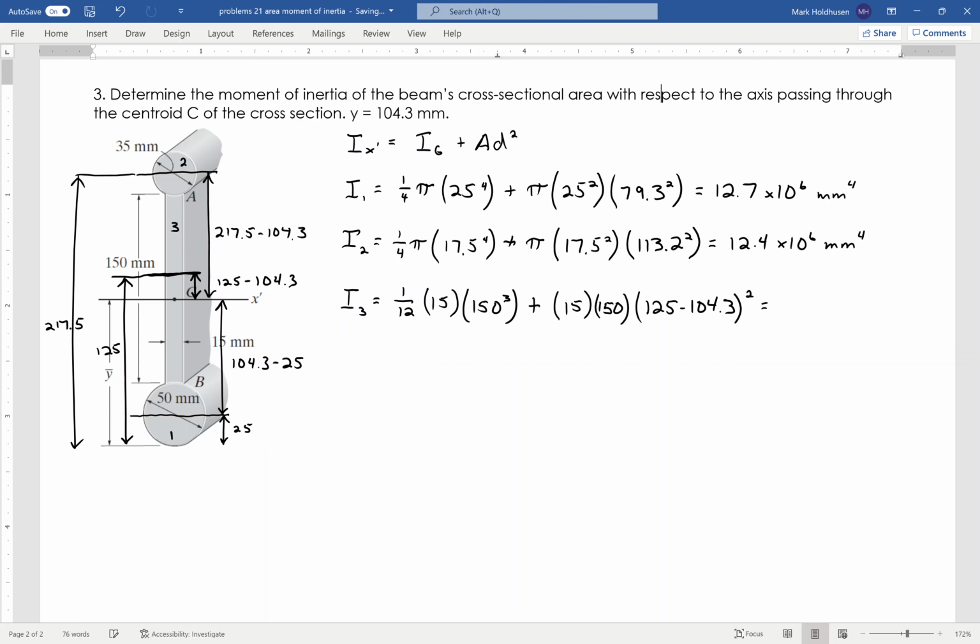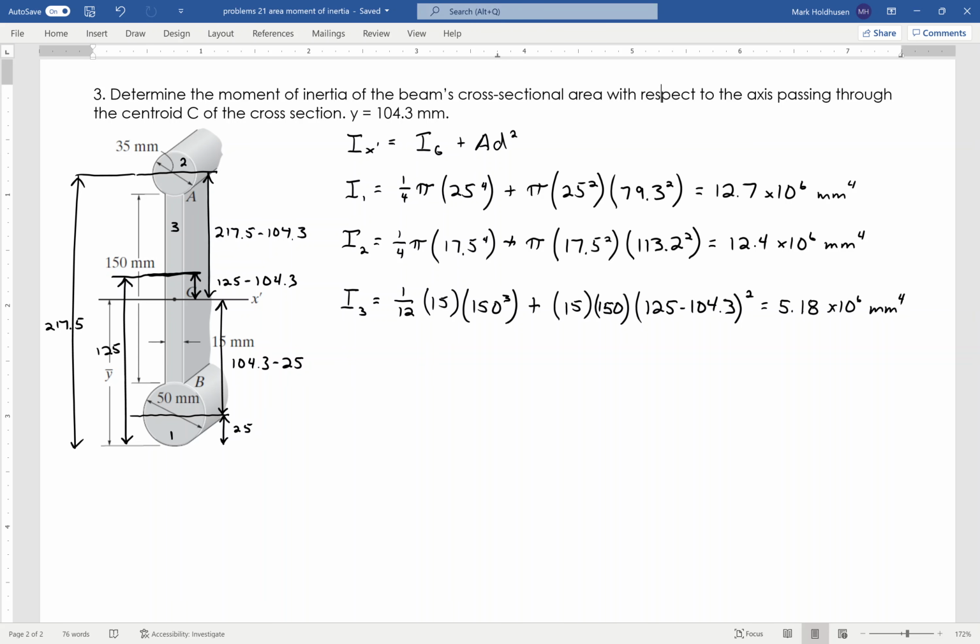Anyway, when I do that, I get 5.18 times 10 to the 6th millimeters to the fourth. So you can see here that those circles are contributing more to the moment of inertia than the rectangle itself, even though the rectangle likely has a bigger area than the circles. The fact that those circles are so far away from the axis gives them a greater moment of inertia.